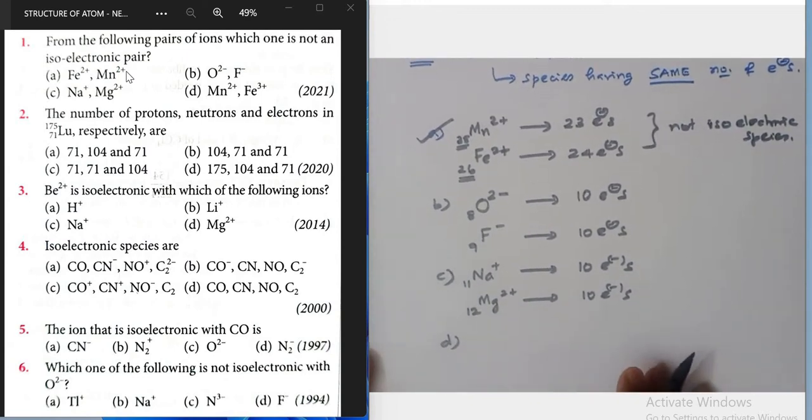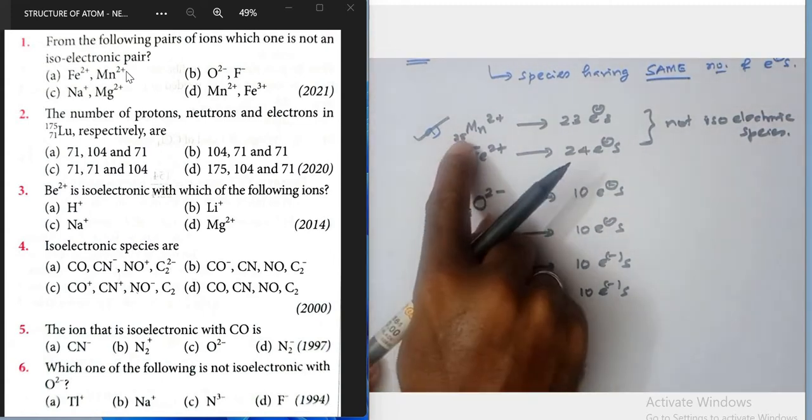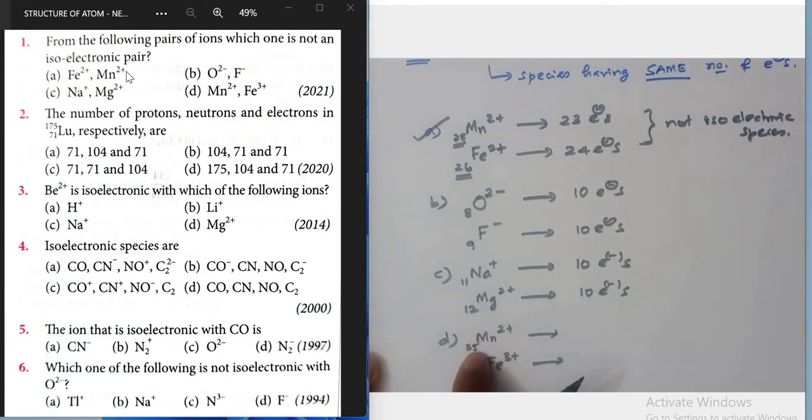In option D, two species are given, Mn2+ and Fe3+. Note the charge carefully. Manganese atomic number is 25, as I have told you already. Neutral manganese has 25 electrons, but now it has 2+ charge, so we remove 2 electrons: 25 minus 2 gives 23 electrons.